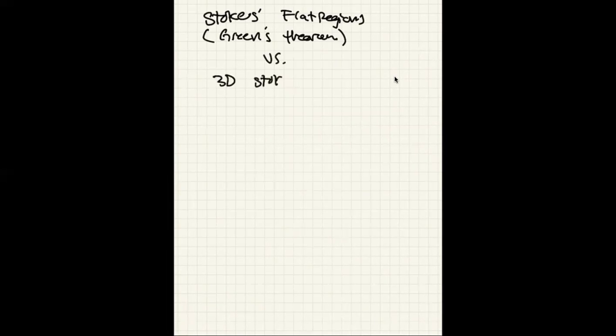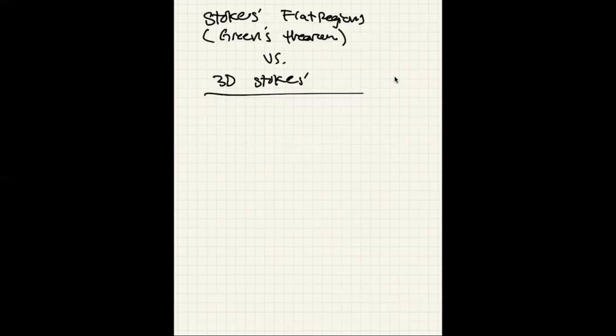So, Stokes for flat regions. I remember that I said you might see this as Green's theorem versus 3D Stokes. My goal is that you can see that they're really the same thing.